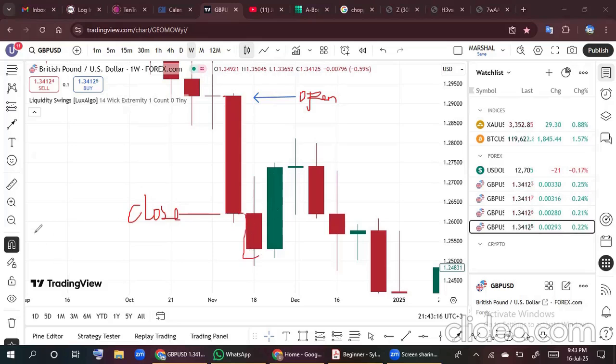Now, this is called the wick of the candle, just like a normal candle wick, while this part is called the body of the candle.